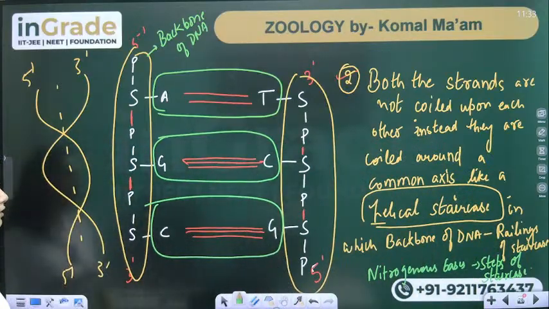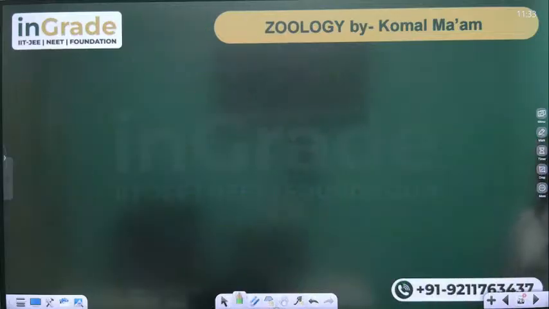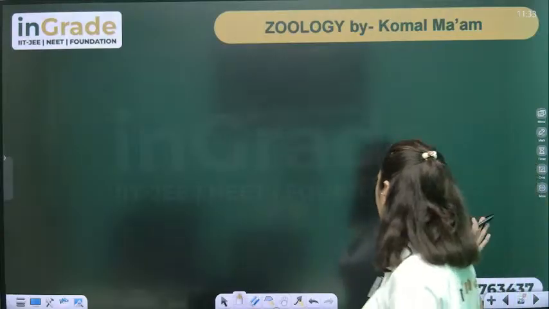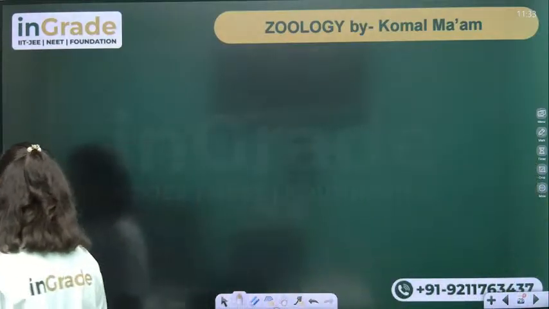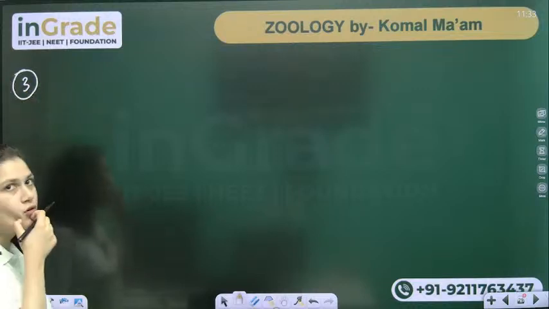Okay, now let's discuss further points. The next point, which is explained by Watson and Crick, was the backbone of DNA.